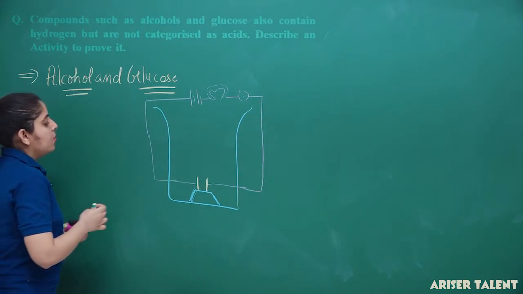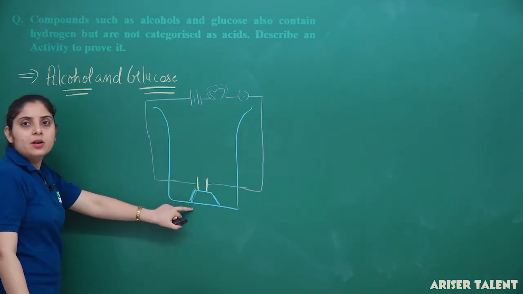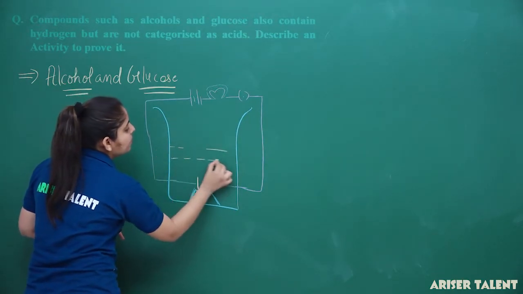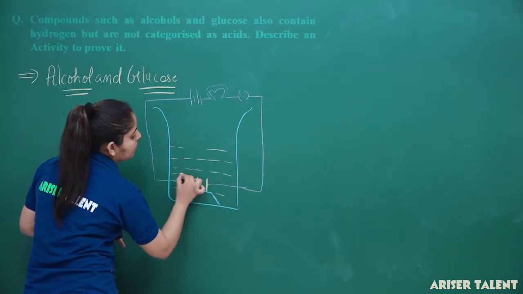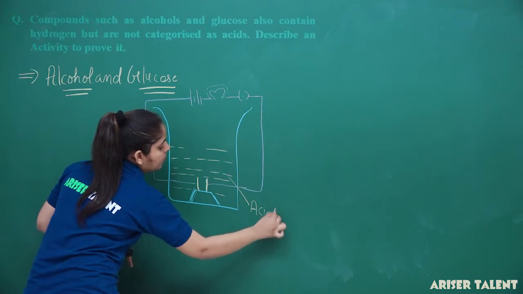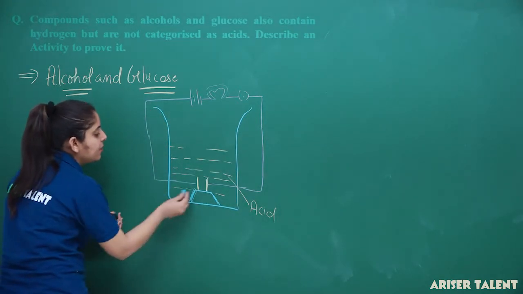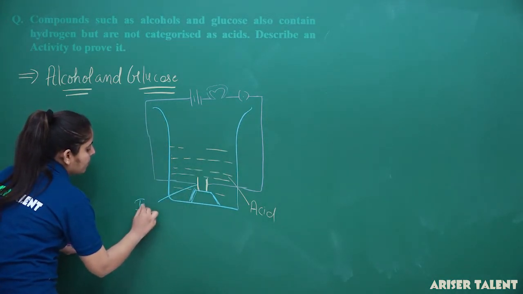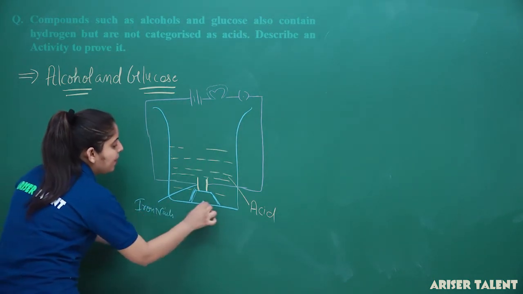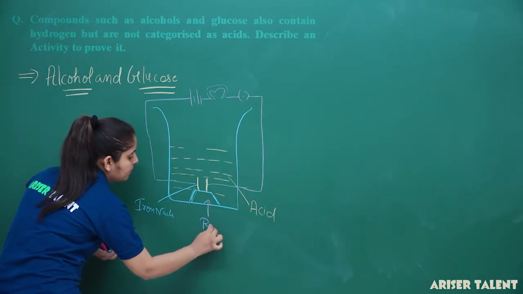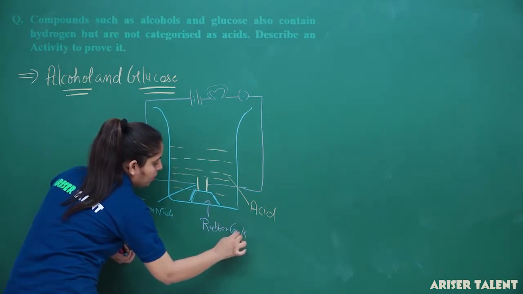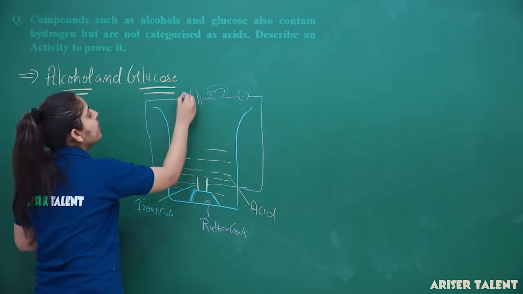Now these are our iron nails and this is a rubber cork. Now we are putting any acid in this container. And these are our iron nails. This will be our rubber cork. And this is our battery.